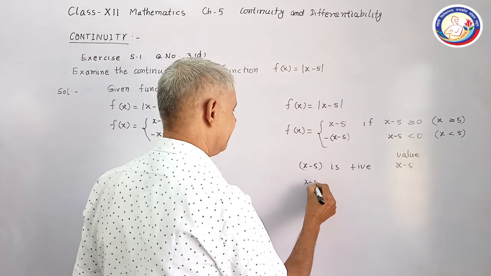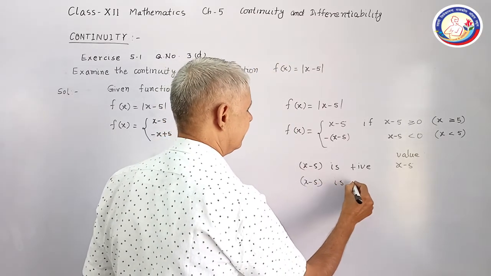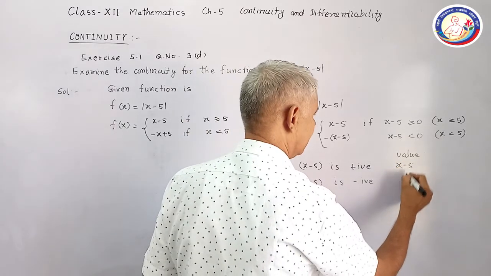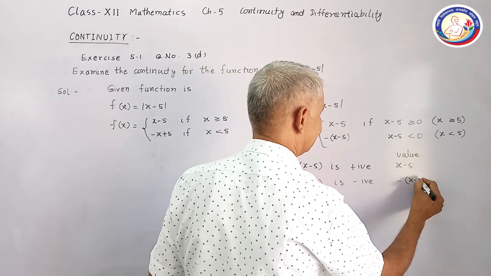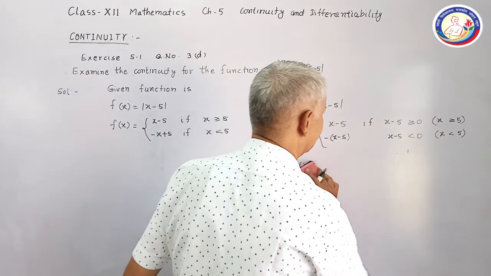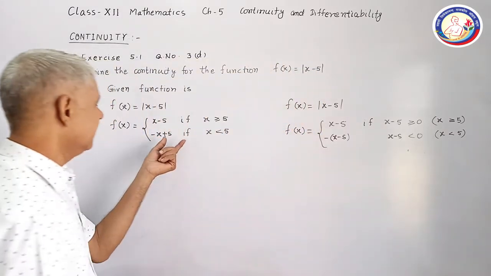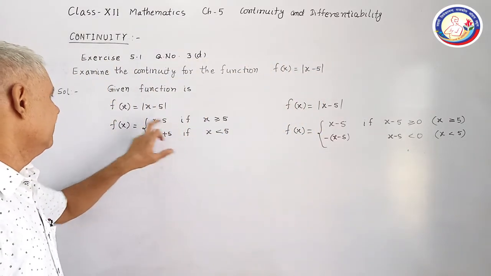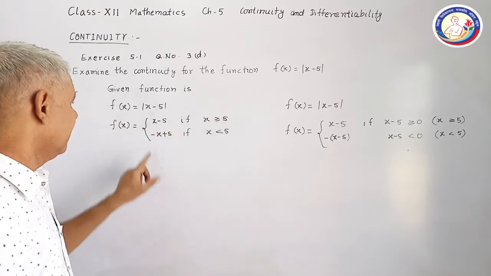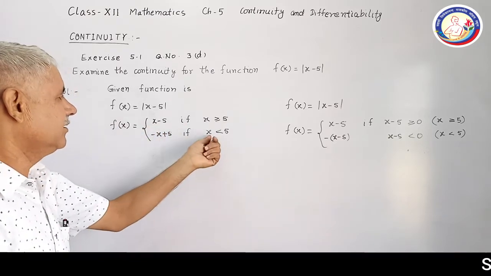And if x minus 5 is negative, the value will be minus (x minus 5). And this gave us the result that the value of the function is x minus 5 if x is greater than or equal to 5, and minus x plus 5 if x is less than 5.